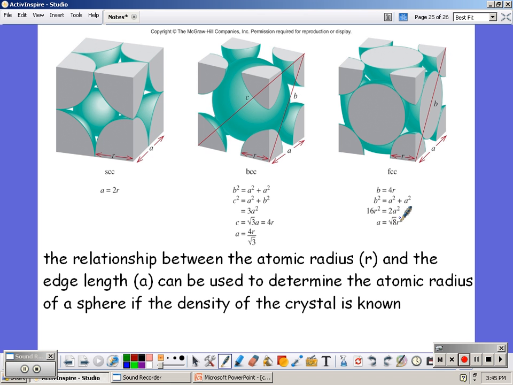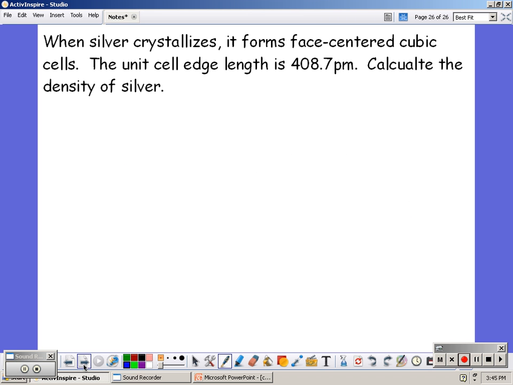So then we have some math thrown in here. When silver crystallizes, it forms a face-centered cubic. If the unit cell edge length is 408.7 picometers, calculate the density of silver. I know that density is mass over volume.